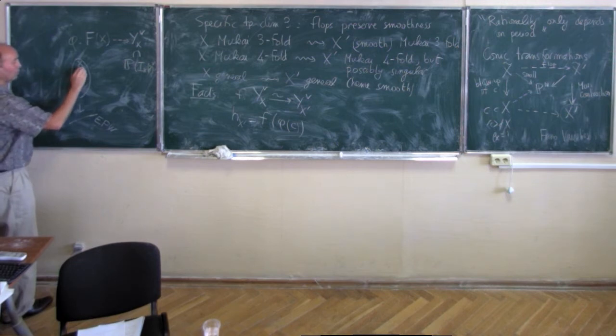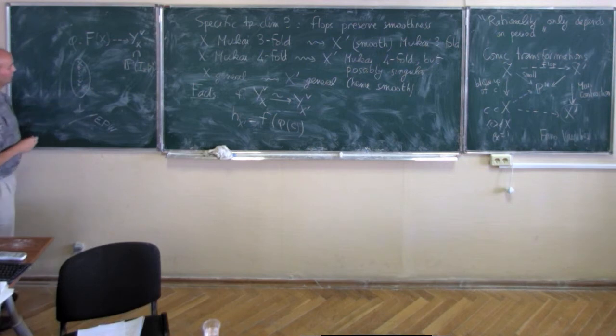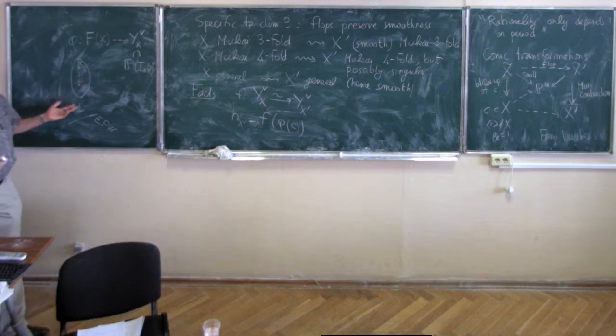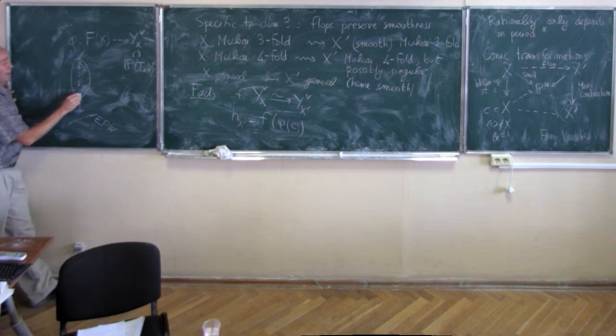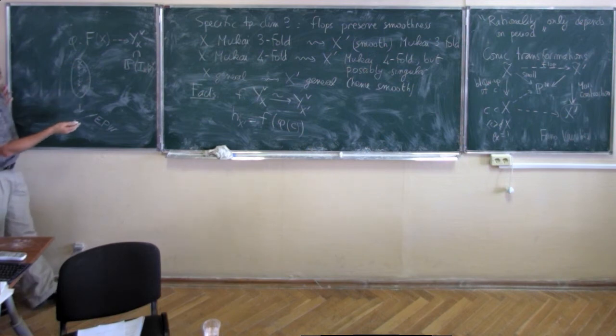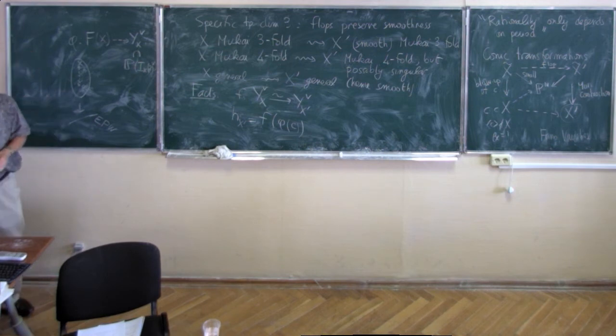So this was a point H, and this is a point C. And so all the points here in this big open set correspond to birationally isomorphic fourfolds. So if you want to prove that any 2 points in here are birationally isomorphic, the way to do it probably is to do 2 conic transformations. Then you have 2 open sets, and you can hope that they cover the whole thing.